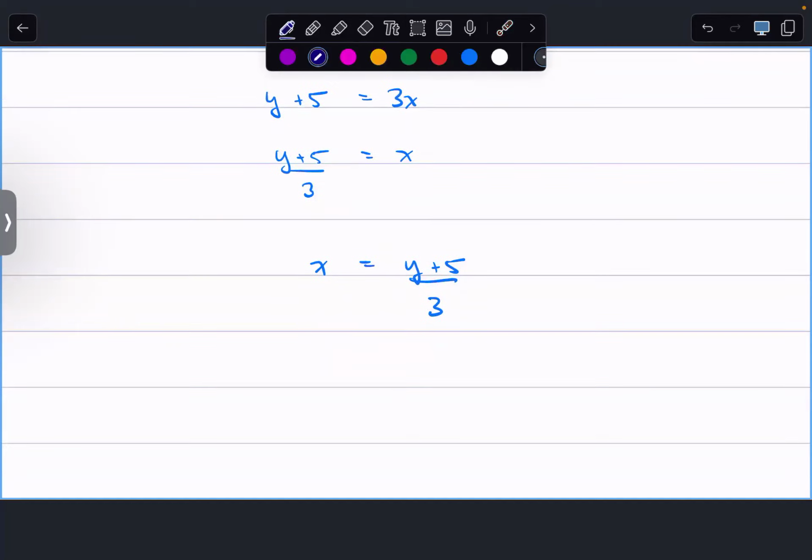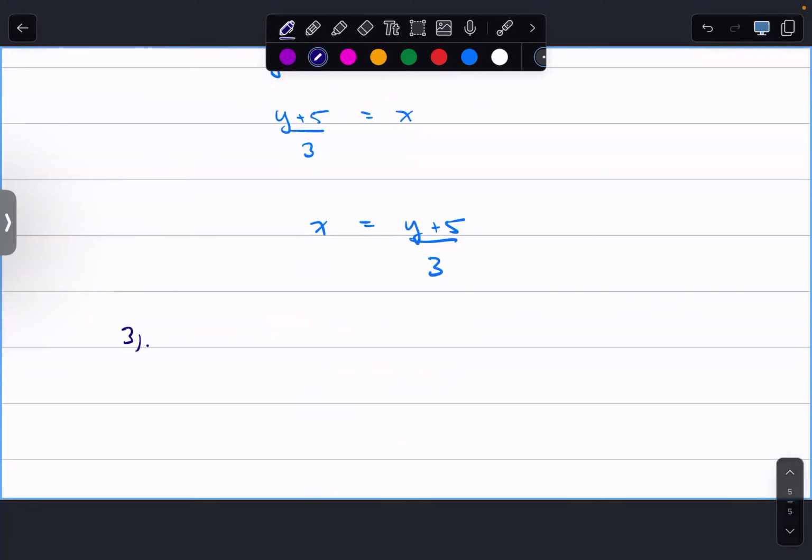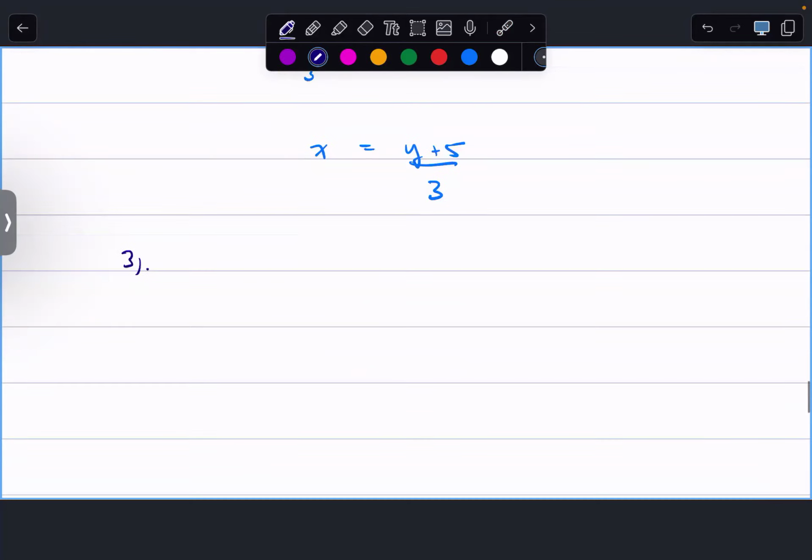But usually we change the notation a little bit. We can rewrite the function by swapping x and y.